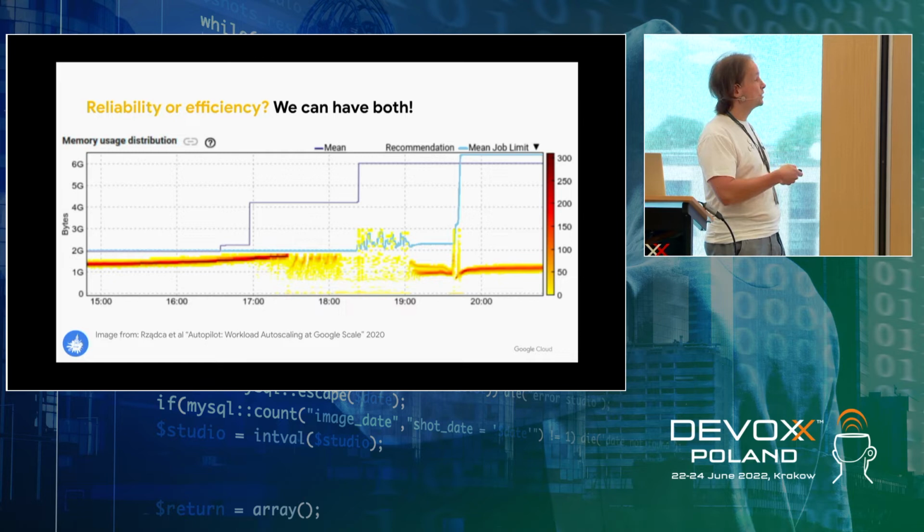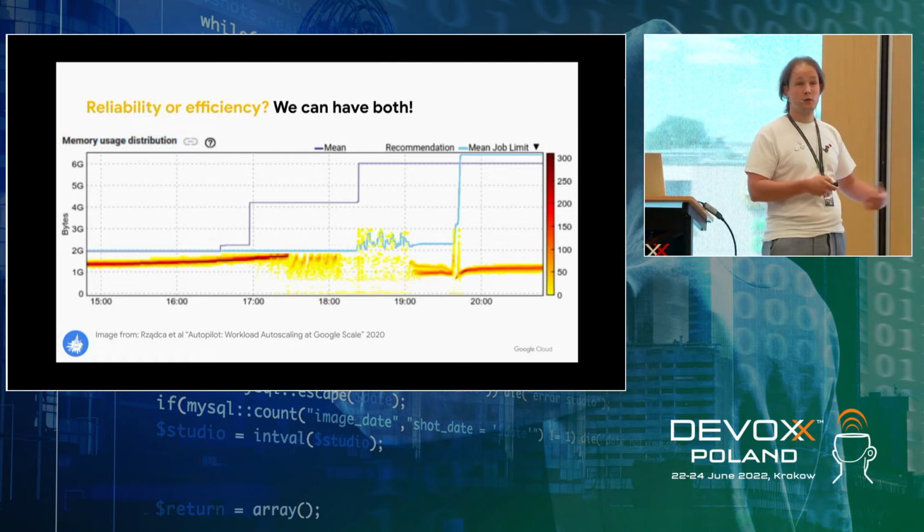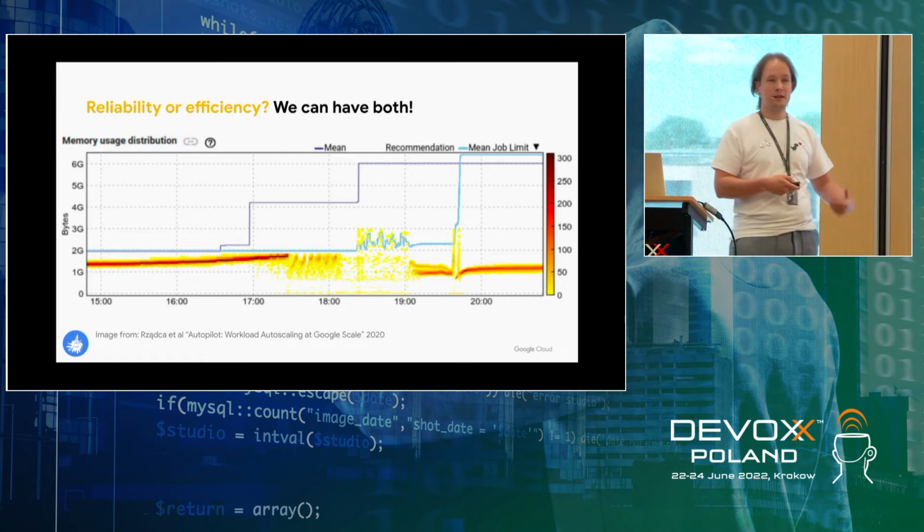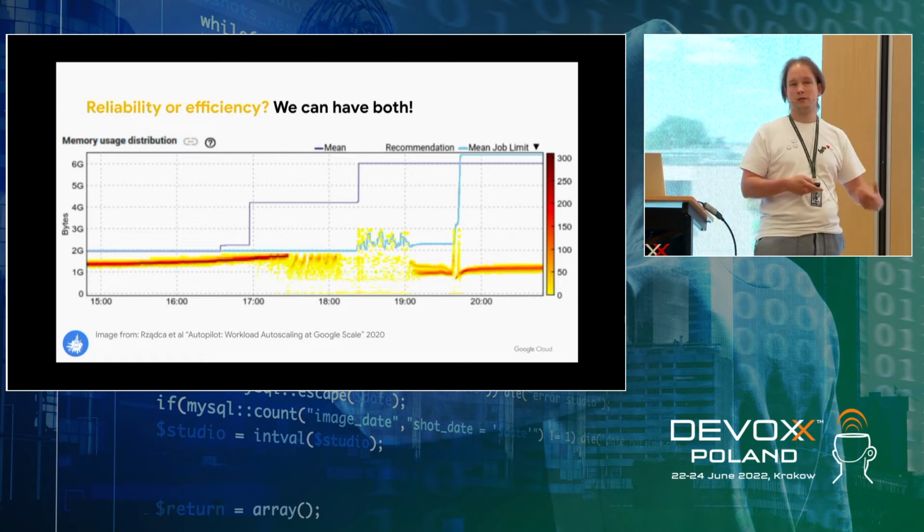And automation would have increased the memory limit way earlier, so there would be no outage. Because we can adjust resource limits automatically, the safety buffer needs to provide safety for a shorter period of time, so it can be smaller.